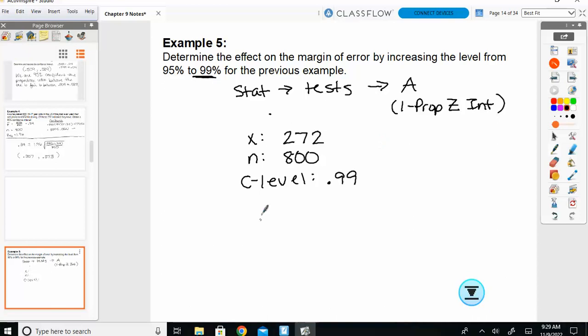And then if you hit enter, we get this. Did everybody get their confidence interval? Anyone have trouble finding that on the calculator when you need to look at something?